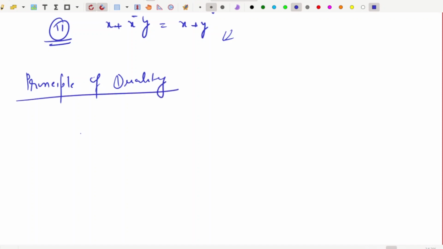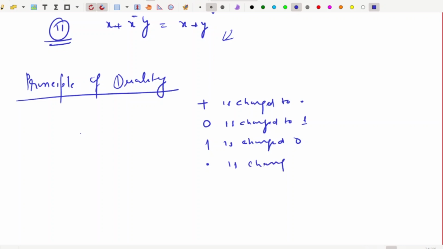According to the principle of duality, the plus sign is changed to dot sign, dot is changed to plus, and 0 is changed to 1 and 1 is changed to 0.